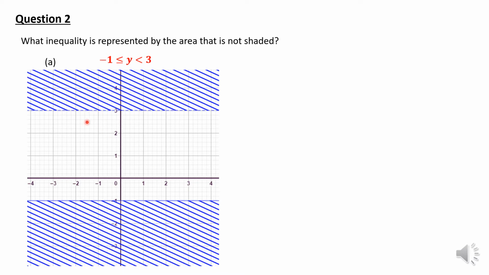This particular line on top represents a value of y that is less than 3, and that is why we shaded the part on top. And this particular line here represents the value of y which is greater than or equal to -1.